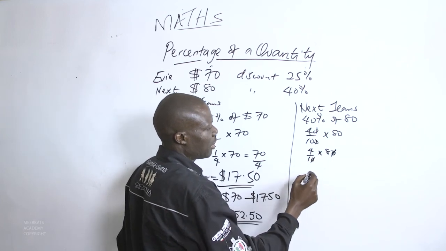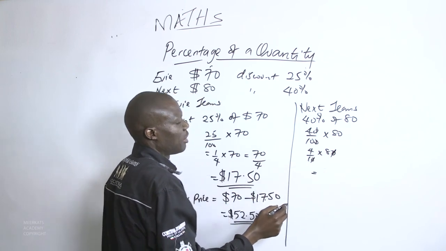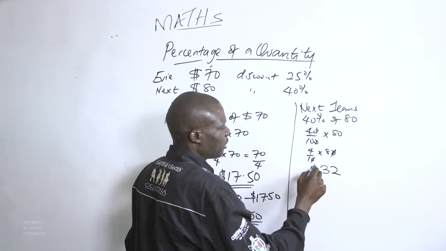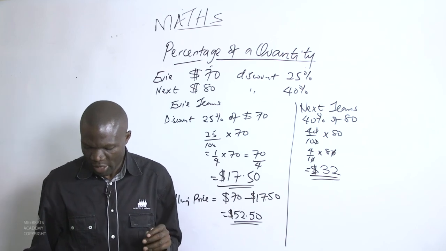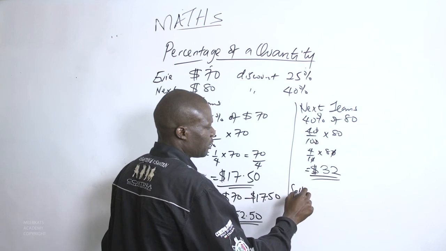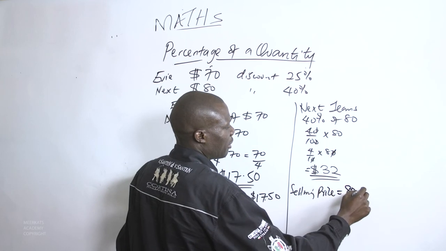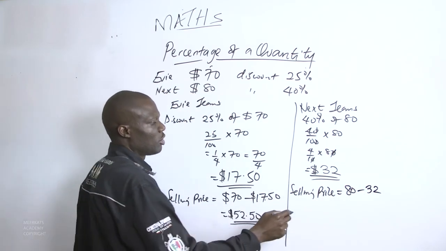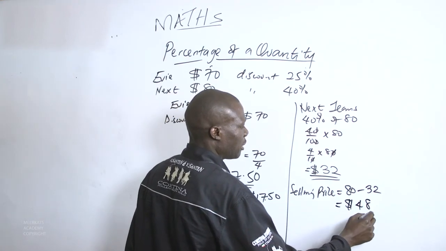By 10 it goes there, it comes to be 4 times 8, which is 32. So we find our discount is $32. Now, the selling price will be 80 less 32, and you'll find that the price here will be $48.